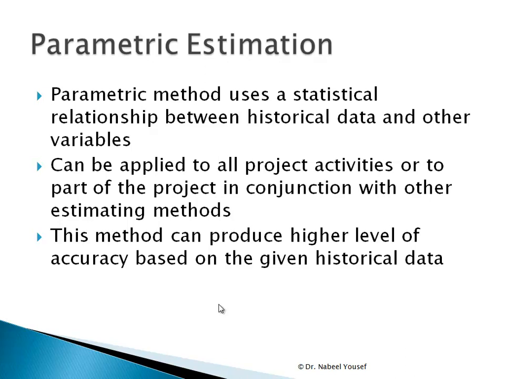So we can separate the different activities or cost of these activities based on the applicable tool or technique that will be available for us, and based on the information for that activity.